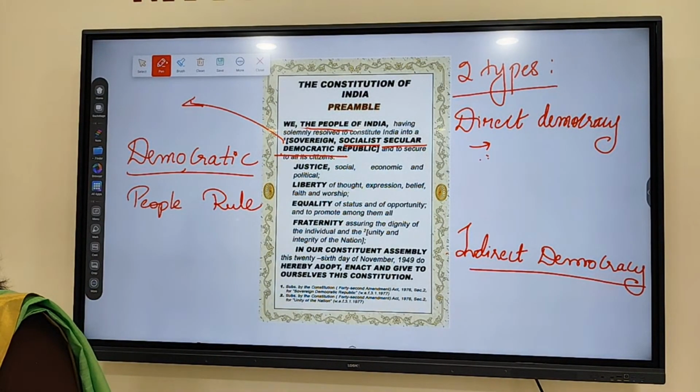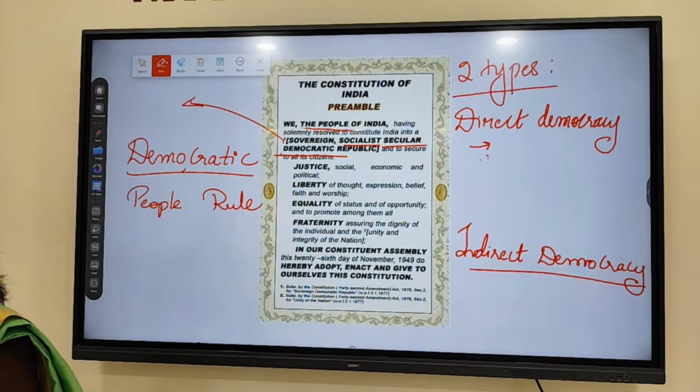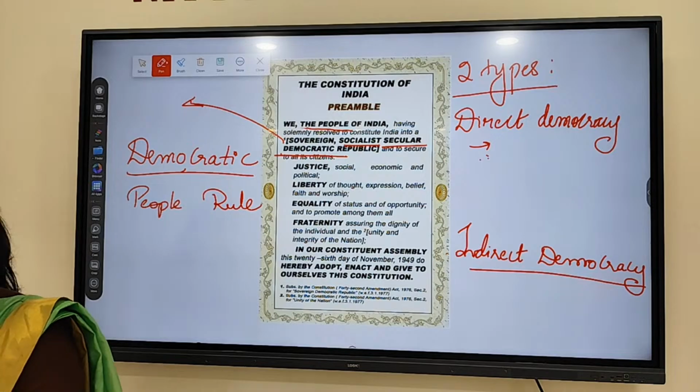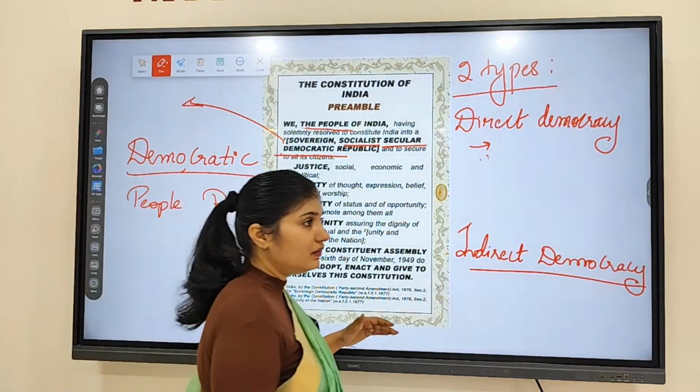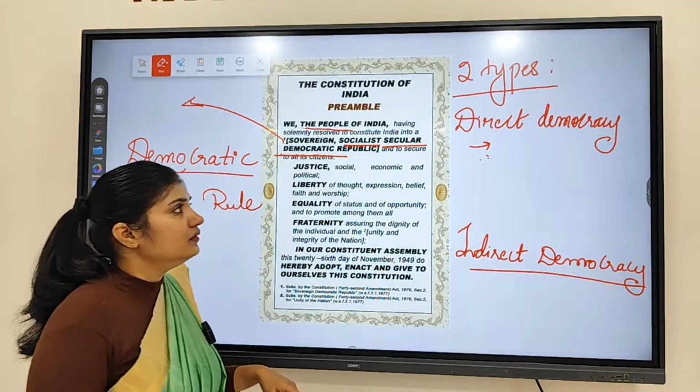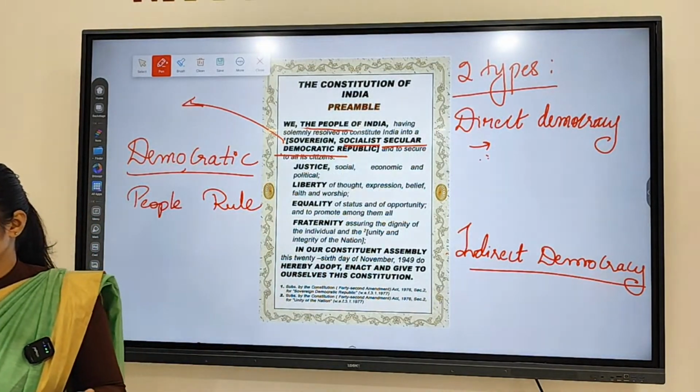Full stop. Example, India. Full stop. Write down below that, write down the types of direct democracy.